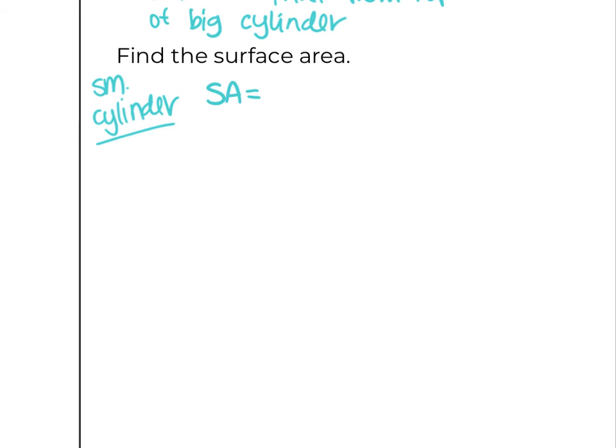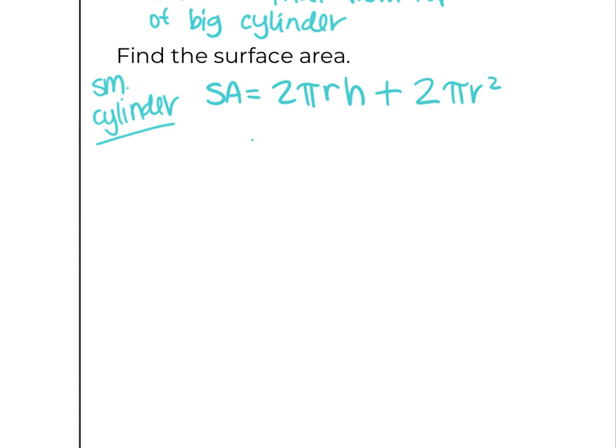SA equals 2 pi r times height, plus 2 pi r squared. Remember, this is for the rectangle, and this is for the two circles. That is your longest formula to memorize, but if you think of it as the rectangle and then the two circles, it makes more sense to break it up that way.